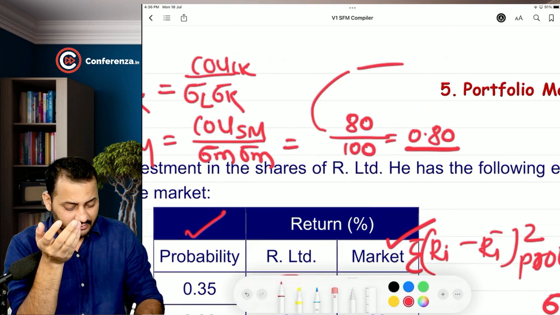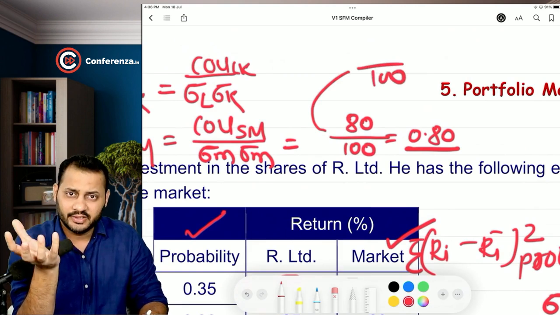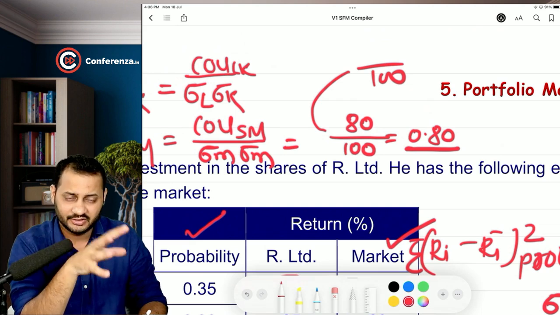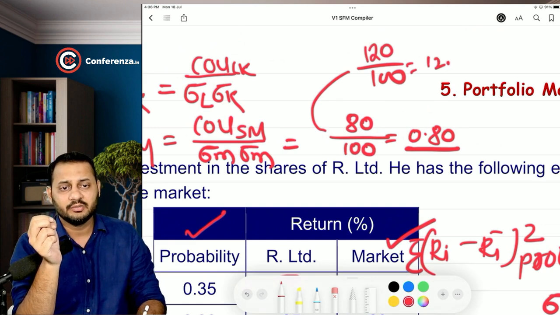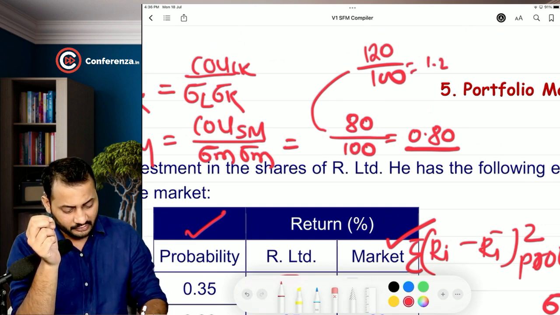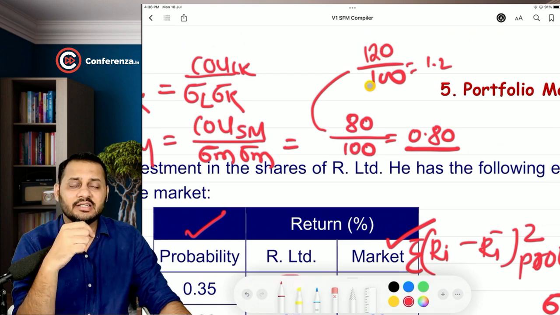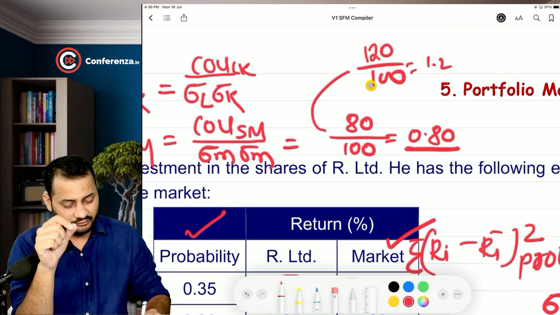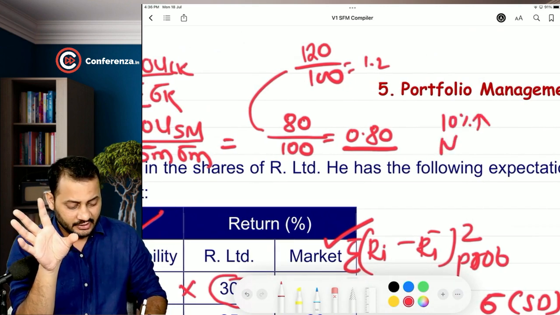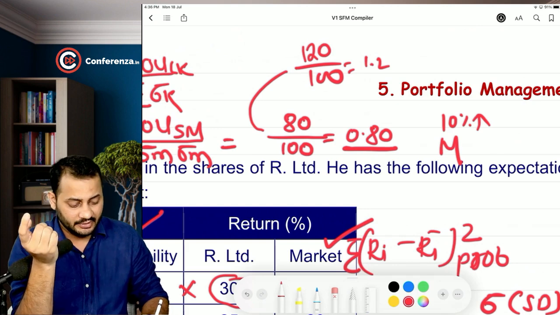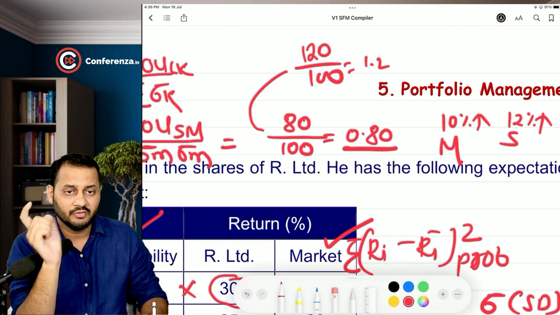Let's take another example. Let's say 100 is the variance of the market, and 120 is the covariance of the stock. The answer will be 1.2. What does that mean? That means the stock is riskier than the entire market. If the market moves up by 10%, please understand, the stock will move up by 12%.